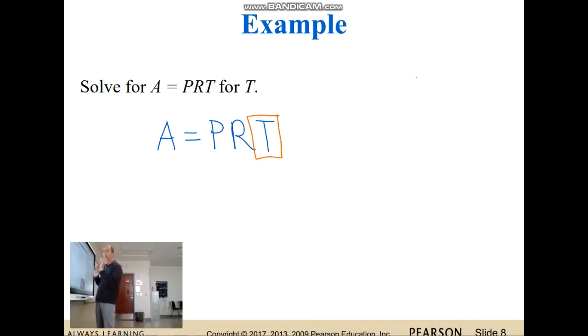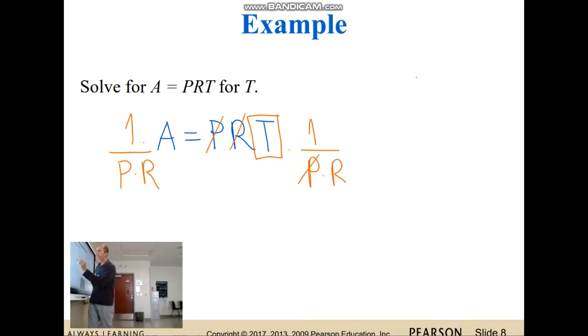Okay, to be able to do this, I think the best way is applying the multiplication property of equality, multiplying both sides of the equation by 1 over PR, because here you can simplify, right?